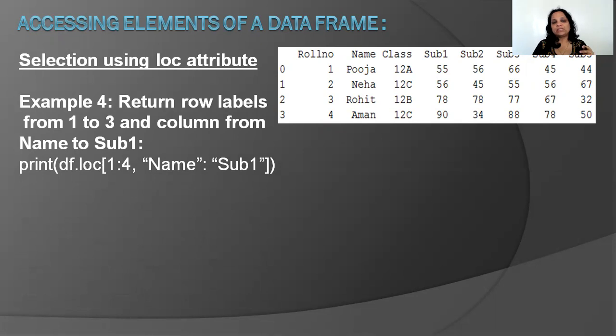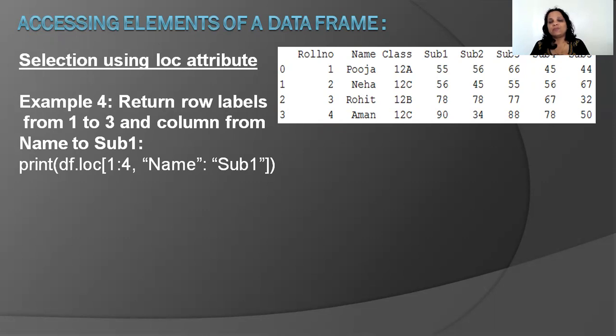That means labels, sorry, there is a correction there. It's not 1:4, it's 1:3. Okay, so 1:3. So it gives me all rows from the row labeled 1 to the row labeled 3. Okay. After that, can you see a comma and name:sub1?